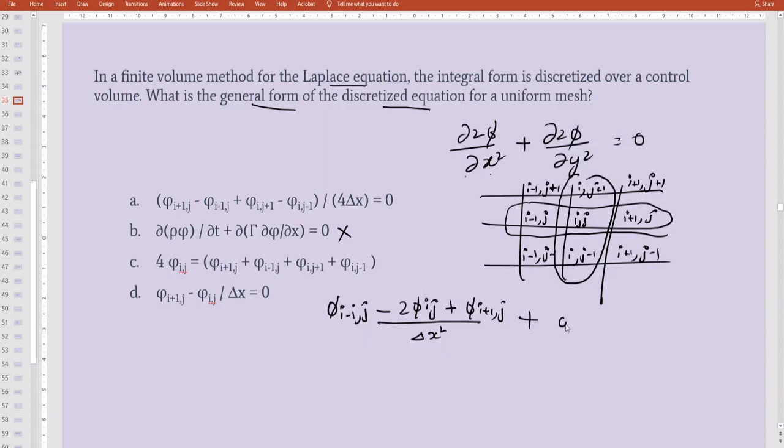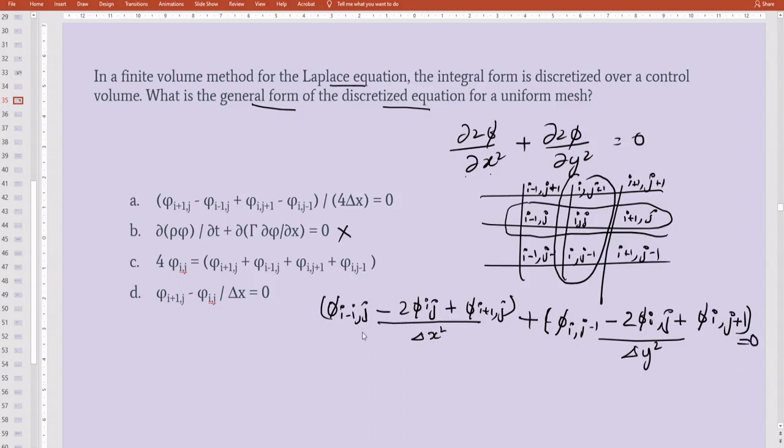So that will become phi of i comma j minus 1, minus 2 times phi of i comma j, plus phi of i comma j plus 1, divided by delta y square, is equal to 0.